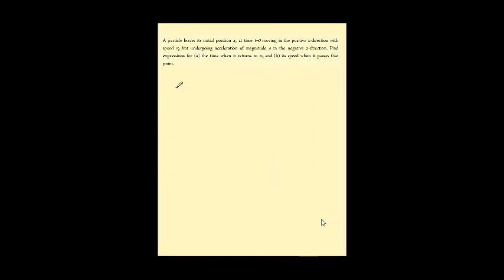A particle leaves its initial position x0 at time t equals 0, moving in the positive x direction with speed v0, but undergoing acceleration of magnitude a in the negative x direction.